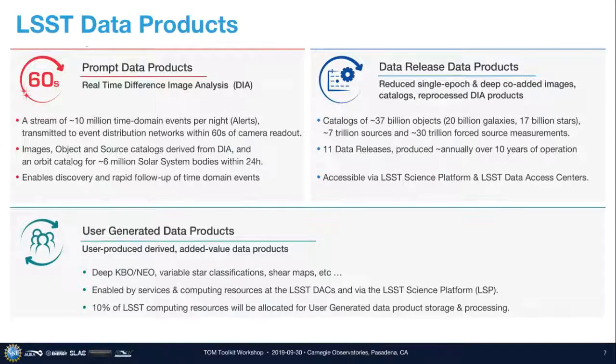The data release data products will produce catalogs of, we estimate, about 37 billion objects, of which about 20 billion are galaxies. This is detected on the coadd, so kind of a time-independent catalog. And then analysis of the individual images in the data releases will produce about 7 trillion sources, which will be associated with the objects, and about 30 trillion forced source measurements.